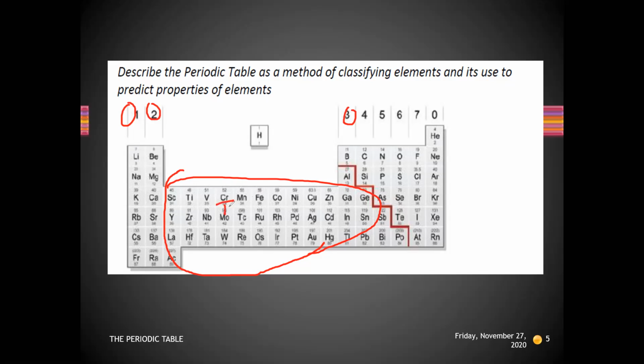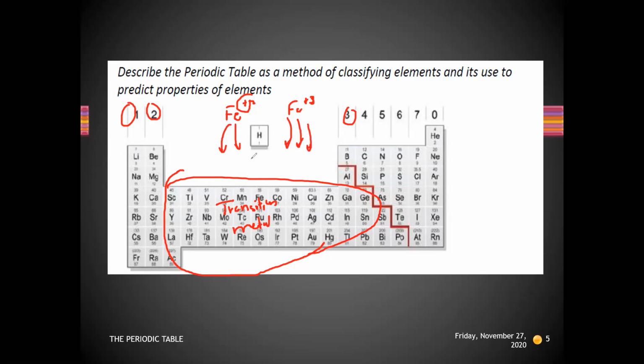That's why we call this part the transition metals, because they can sometimes lose 3 electrons, sometimes 2 electrons. As you can see, sometimes we say iron is +2 and in some compounds iron is +3. What's the meaning of +2 and +3? It means that sometimes iron loses 2 electrons from its shell, sometimes it loses 3 electrons.